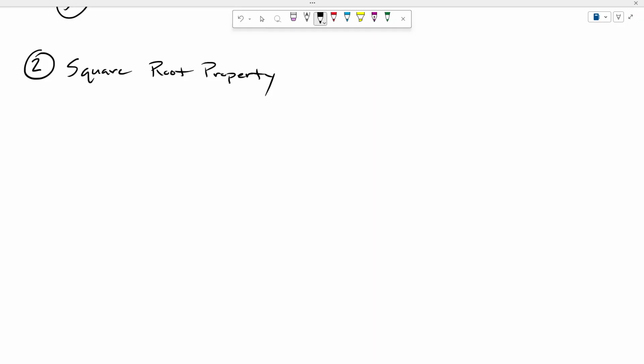And the square root property tells us if we have, and they use u, so you can think of it as u, x, whatever you want to think of it as, but they used u. If we have u squared equal to d, then u is equal to the square root of d or u is equal to negative square root of d.